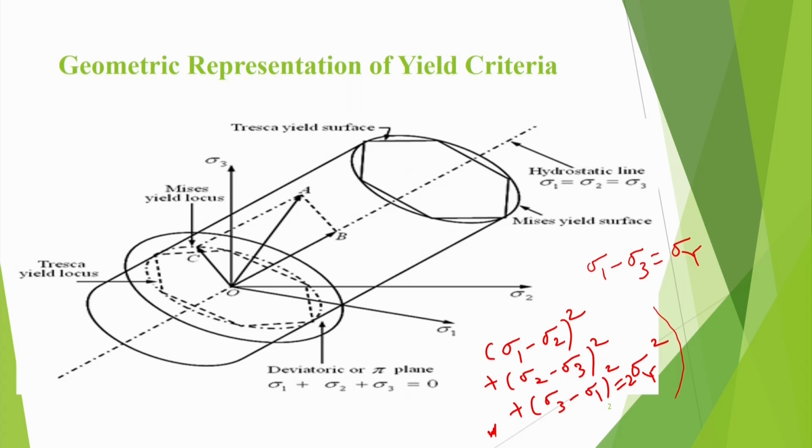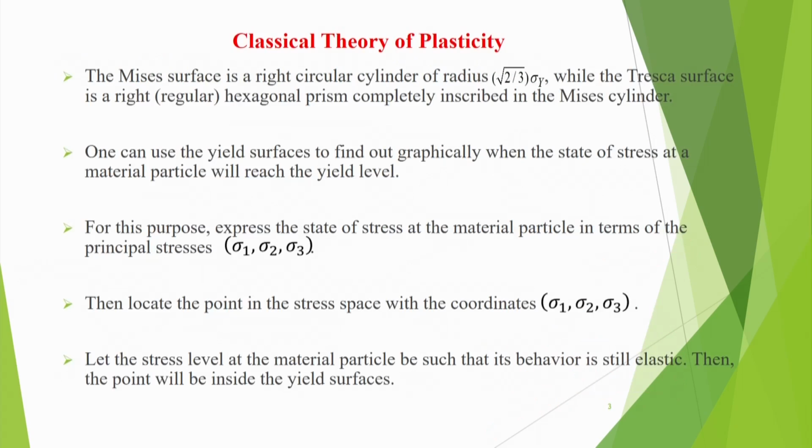So now you are observing it here. The von Mises surface is basically a right circular cylinder of radius square root of 2 by 3 times sigma y, while the Tresca surface is a right regular hexagonal prism completely inscribed in the von Mises cylinder. So Tresca remains inside von Mises. That means Tresca is conservative. That means if the material is failing as per von Mises, it will definitely fail as per Tresca.